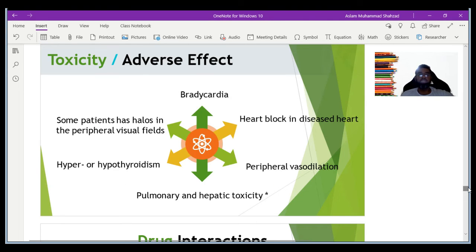The toxic effects consist of bradycardia. It can cause heart block in a diseased heart. It could lead to peripheral vasodilation.